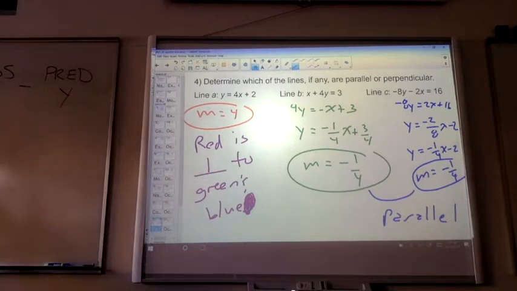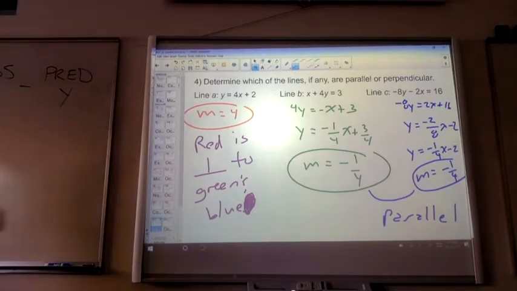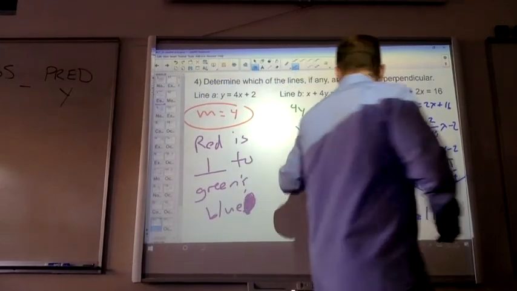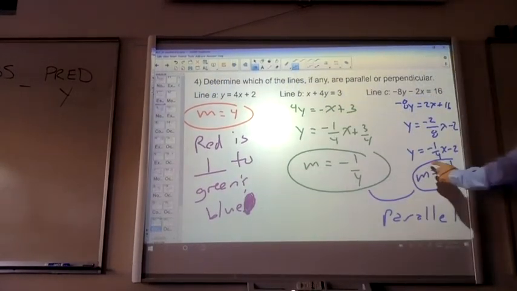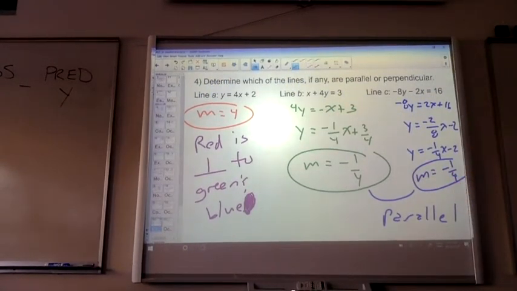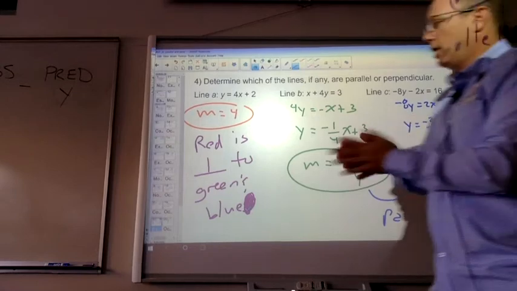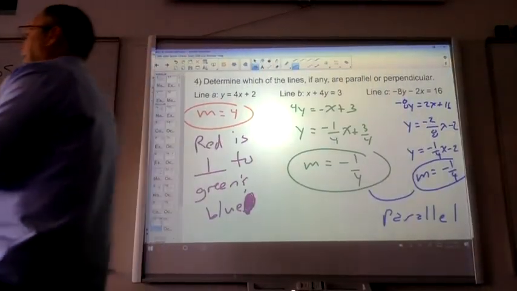And if I change the sign from positive to negative, that's what takes place. So the line that has a slope of 4 is perpendicular to this. The line that's slope 4 is also perpendicular to this. While the green, the -1/4 and the -1/4, are both parallel to each other because they're identical slopes.